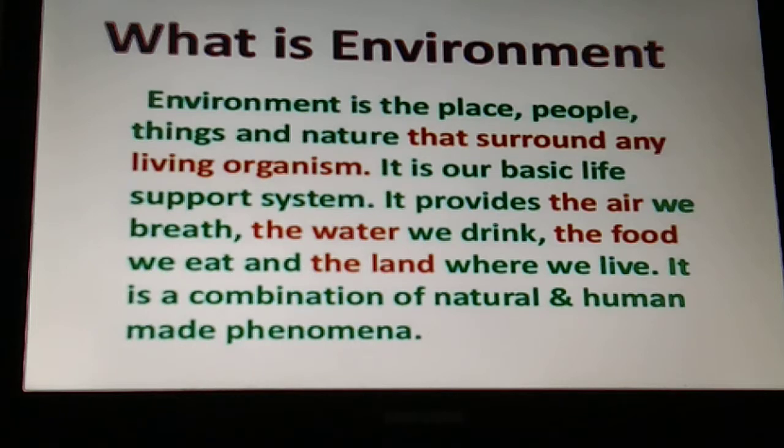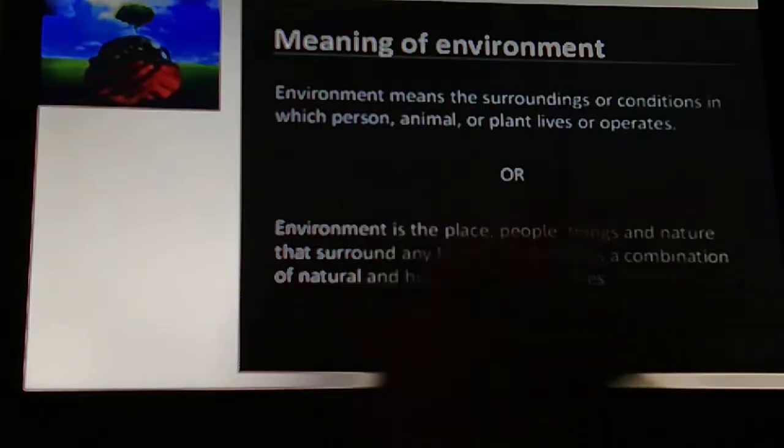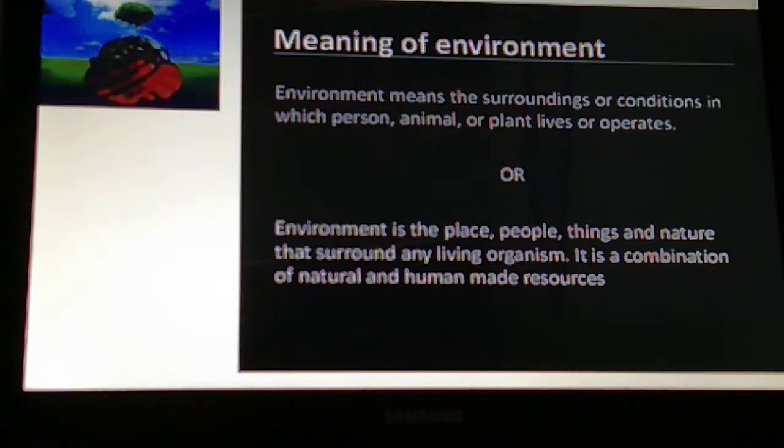First of all, the meaning of environment. Environment is the place, people, things and nature surrounded by living organisms. This is the basic definition of environment. Environment means the surroundings or conditions in which a person, animal or plant lives or operates.